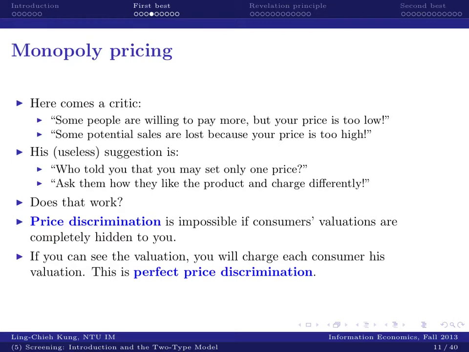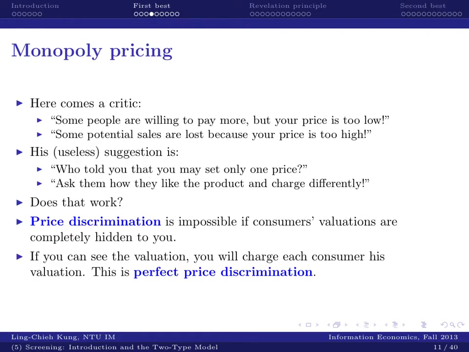Here, this is impossible because no one is going to tell you that they really like this product. All of them will tell you the product is so bad, so ugly, so useless, and I only want to pay $0. That's why price discrimination does not work.